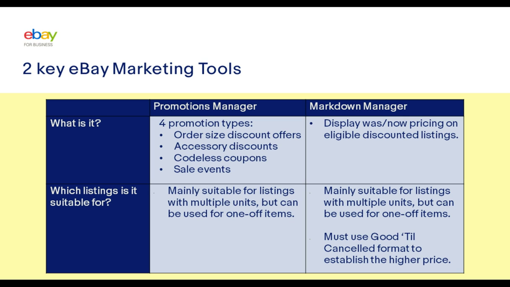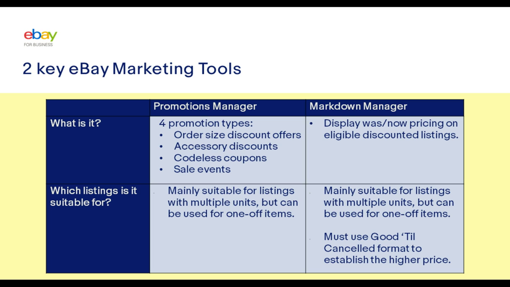Right, so let's look at the 2 key marketing tools. And there are some others that you can use on eBay, but today I just want to focus on these ones. So with the Promotions Manager tool, this actually gives you access to 4 different promotional types. There's the order size discount offers, and that's your classic multi-buy offers. So buy 2, get a discount on a third, buy 4, get 1 free, that kind of thing. Then there are accessory discounts where people can get a percentage off or a cash amount off a second item that's associated with the first.